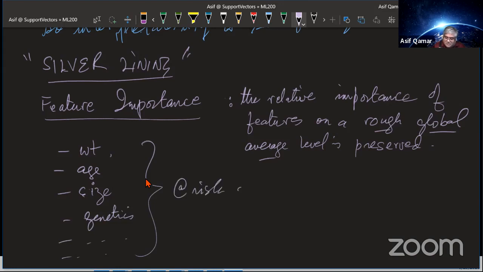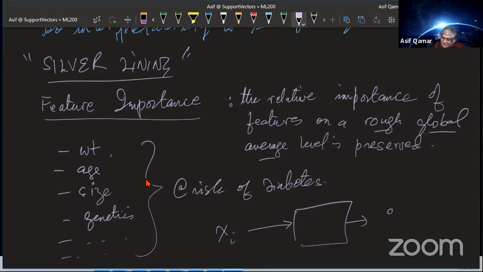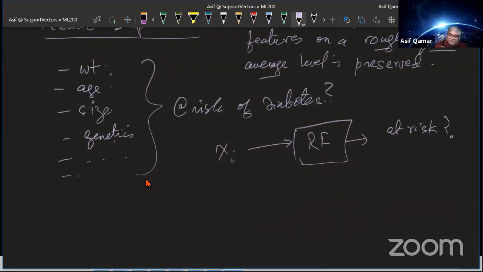When you build a model, let's say that you successfully build a model in which Xi goes in and you predict at risk, true, false. Then this random forest that you have, you can ask it that in making the decisions, how important were each of these contributory factors, weight, age, size, etc.